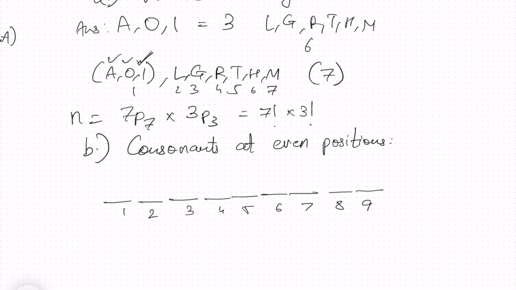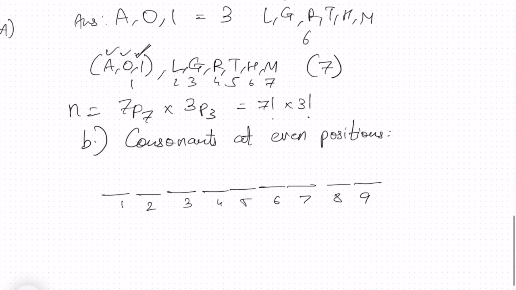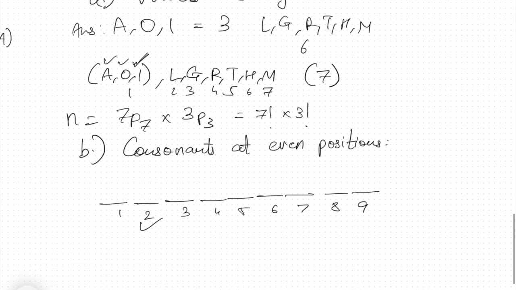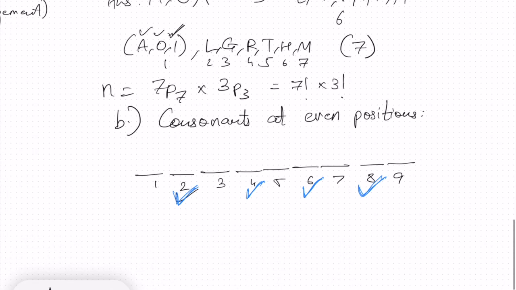Consonants must be at even positions, right? There's 6 consonants in total, and the number of even positions is this: 2, 4, 6 and 8, which means that there are 4 even positions in which the consonants can be placed.